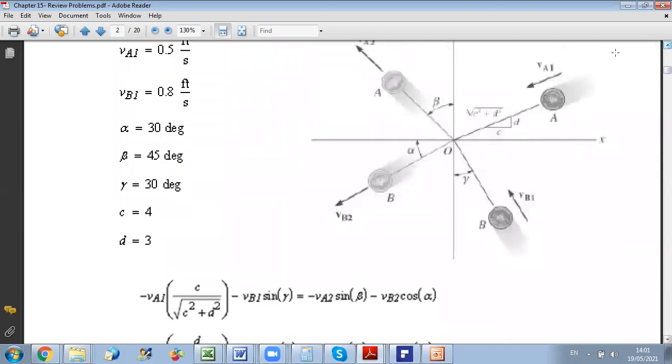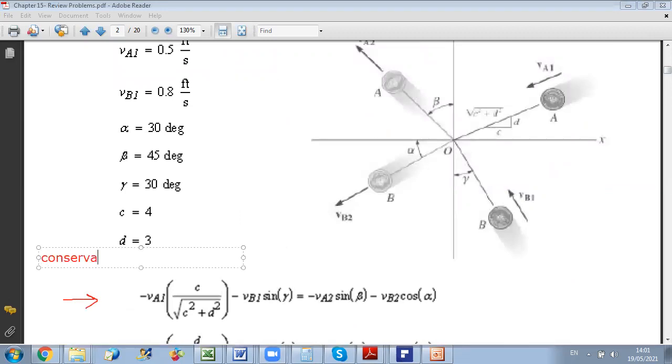Let's do it together in detail. The first equation will be this one: conservation of linear momentum in x. What does conservation of linear momentum in x tell me? Here they said that the mass of A and B is the same, so MA equals MB and the mass cancels from the equation. But I will write it and simplify at the end.